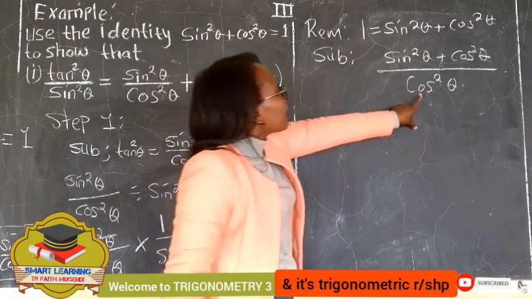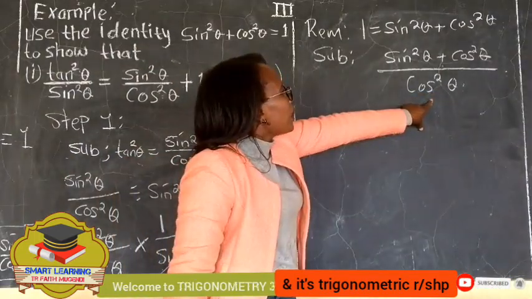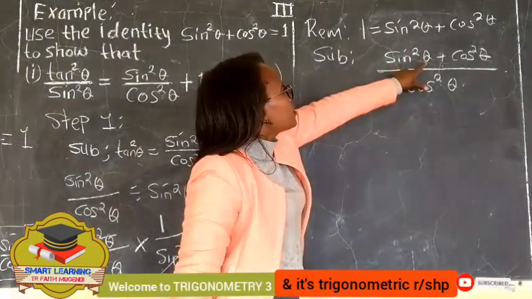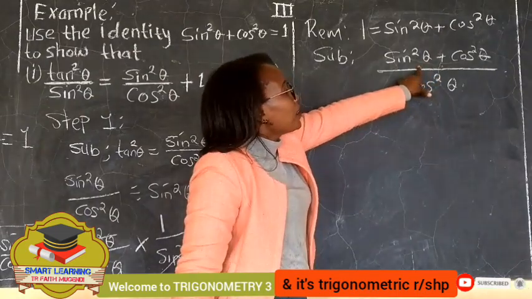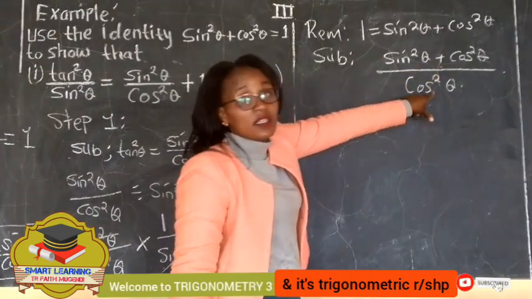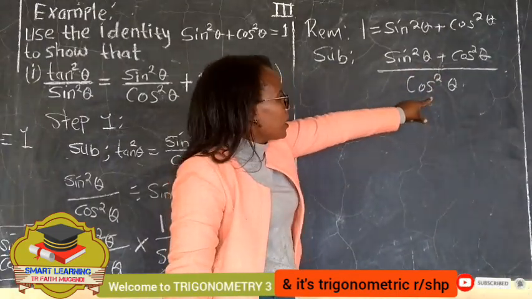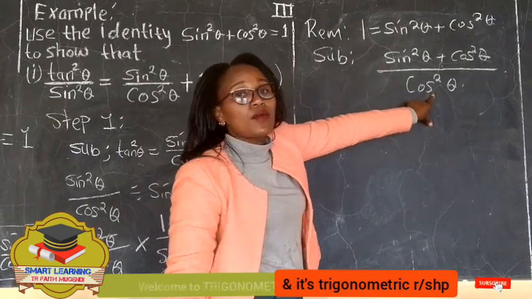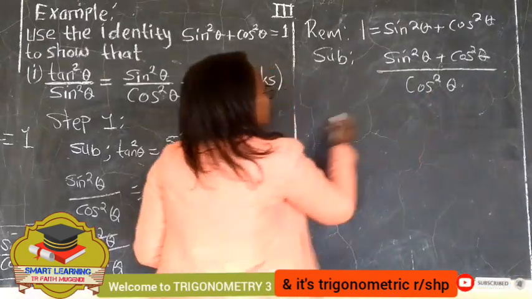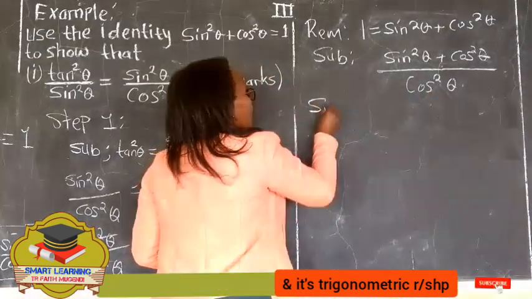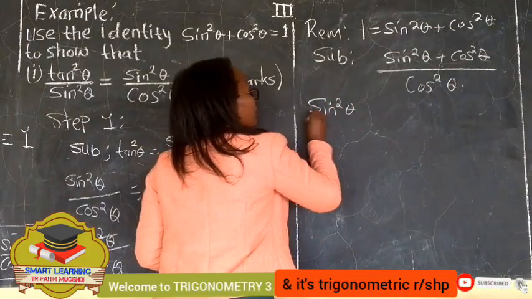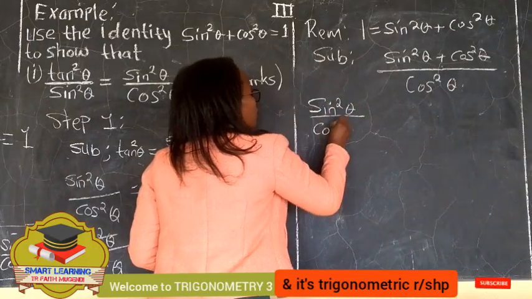So looking at cos squared theta and the numerator sine squared theta plus cos squared theta, then it means that cos squared theta is the common denominator. And since it's the common denominator, then we can split it. Now splitting, what we have is sine squared theta all over cos squared theta.